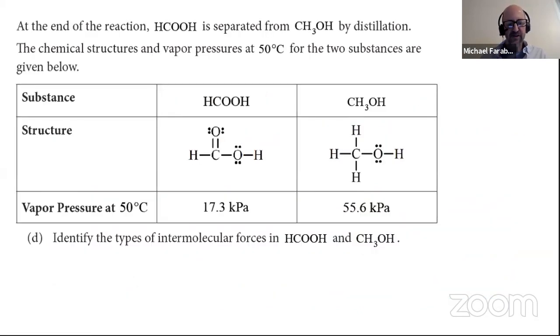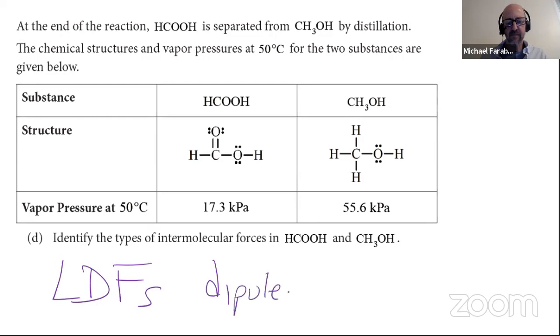All right, next part, we're going to talk about the types of intermolecular forces, and that includes London dispersion forces, dipole-dipole forces, because these molecules are both polar. They are definitely asymmetrical, in which the bond dipoles are not going to cancel out. And they have hydrogen bonding attractions.